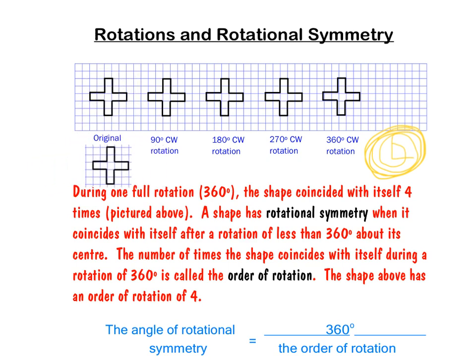I just took a piece of the original object there. If we were to rotate that object 90 degrees clockwise, it would become this right here. And as you can see, the 90 degrees clockwise rotation is the exact same as the original object.